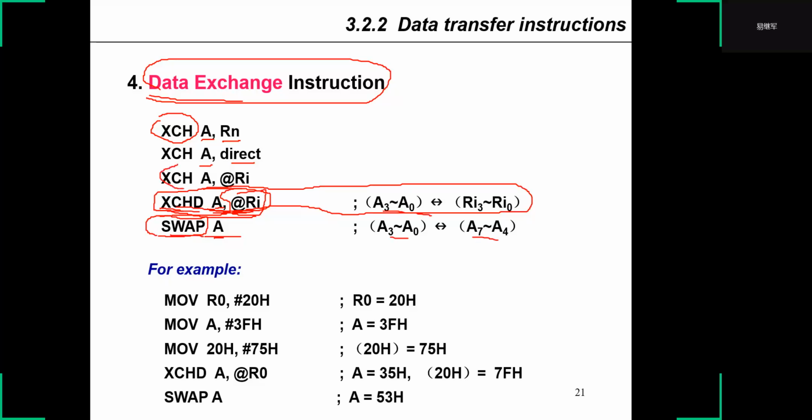This is for the lower 4 bits, and this is for the lower 4 bits and the higher 4 bits. Source and destination just exchange the data in the two registers, or in the two addresses.